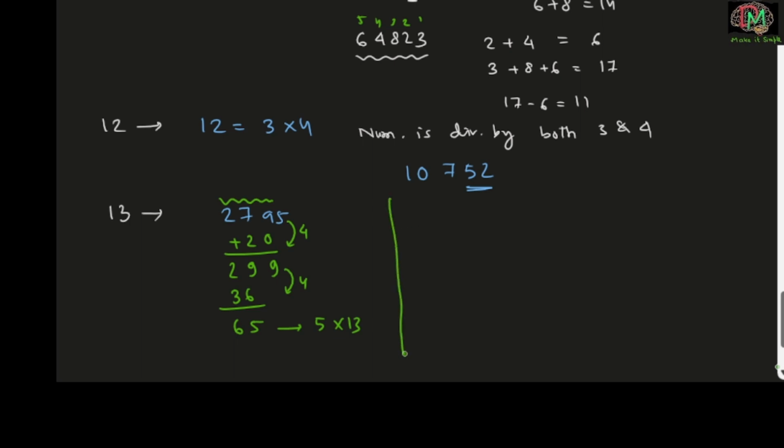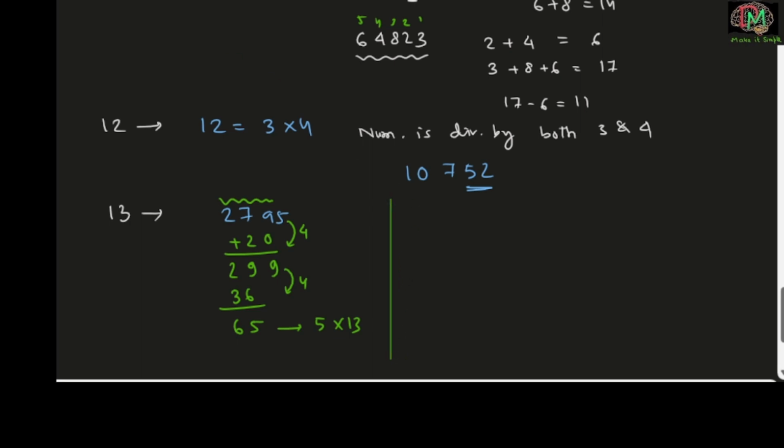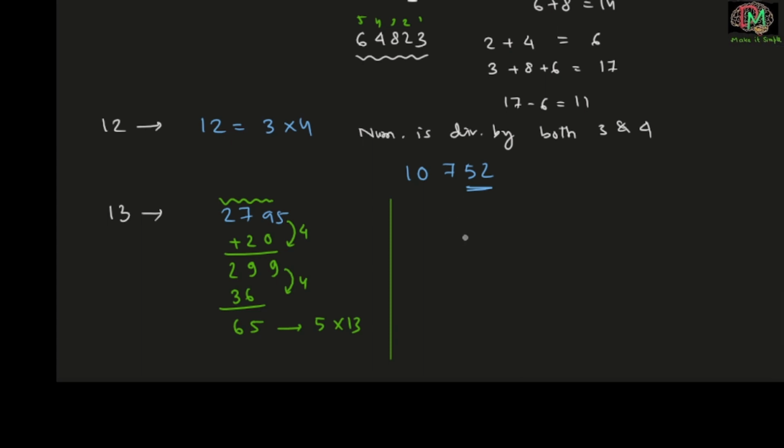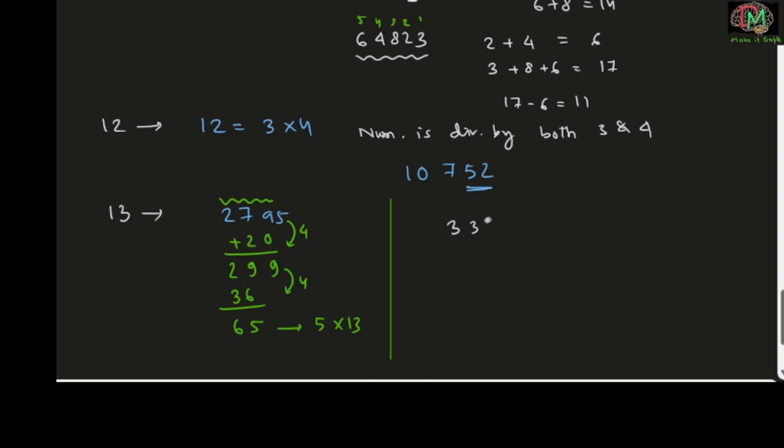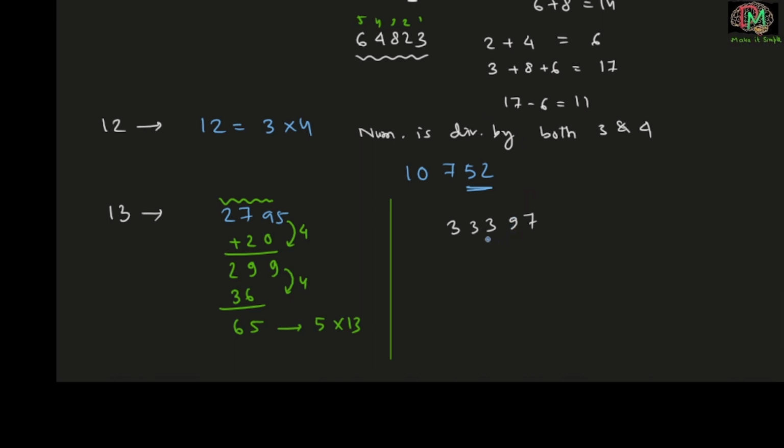And another method is like the 7 method, the divisibility of 7 method. Suppose one large number is given, 33397. We have to make 3-digit groups from the right side and then deduct: 397 minus 33, so it will be 364.